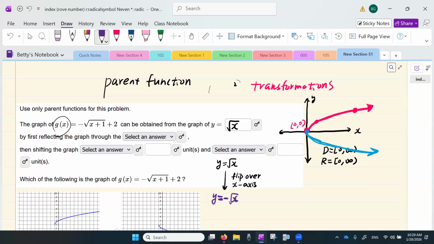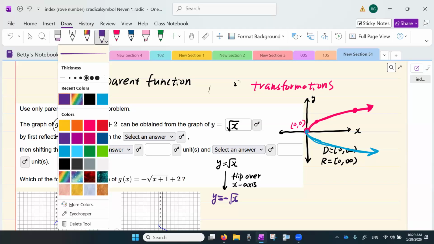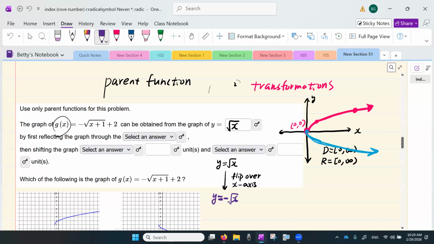The whole function is root x. You are going to multiply the whole function by -1 or attach a negative sign in front of the function. So you have a negative root x. Okay? The graph of y equals negative root x is the blue curve.